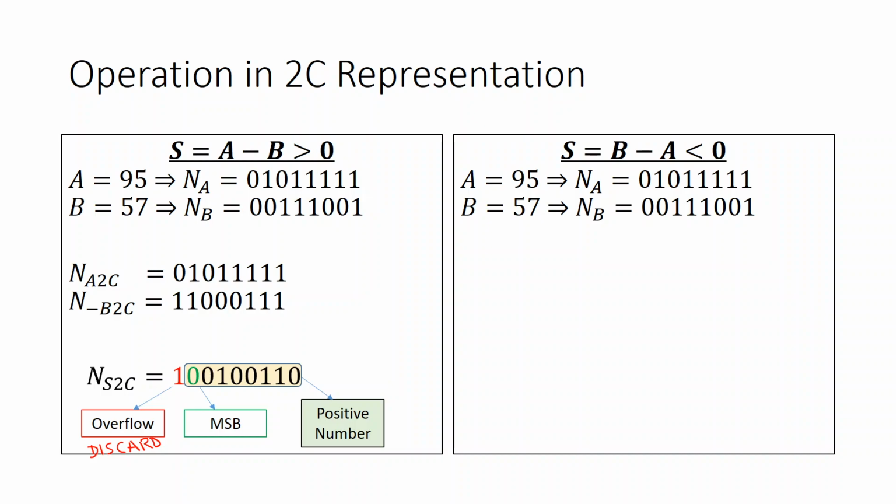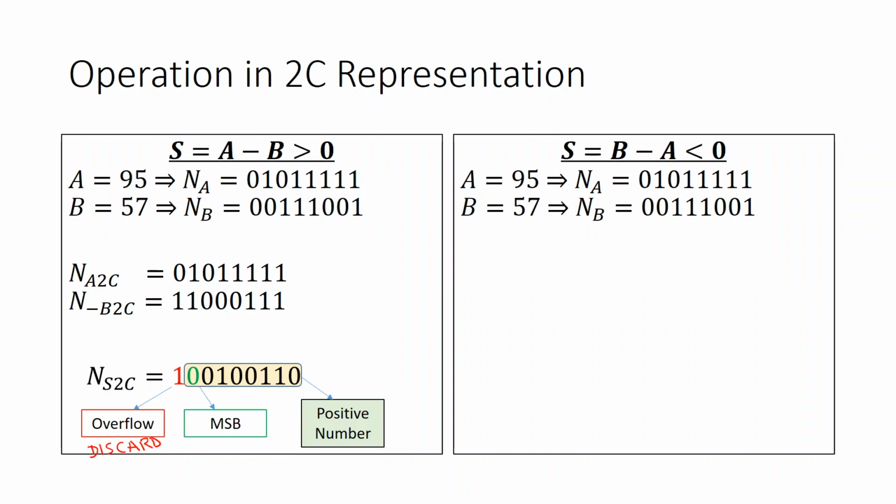In radix complement representation, an overflow is discarded. So you discard the overflow and then you look at the rest of the number coming out. In this rest of the number, you remember that this is in 2's complement representation.